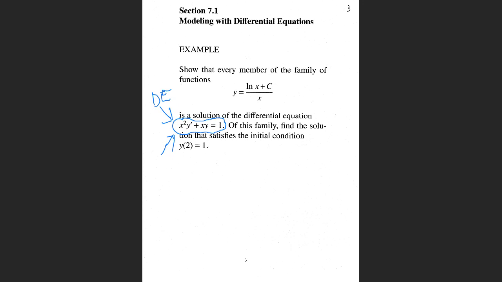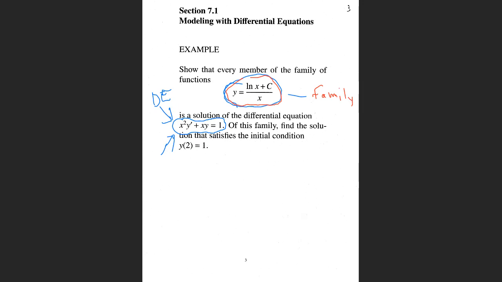Now, it turns out that differential equations have what's called a family. They can have what's called a family of solutions. Why are they calling this a family of solutions? How constant is C?